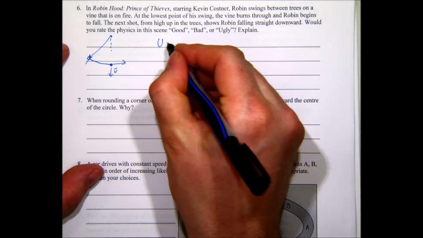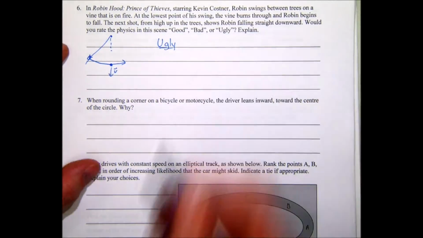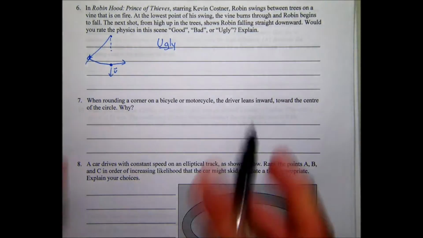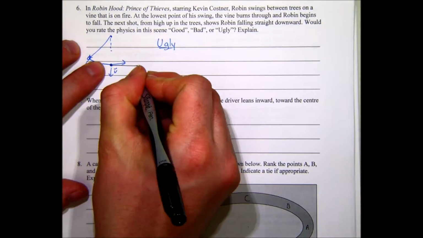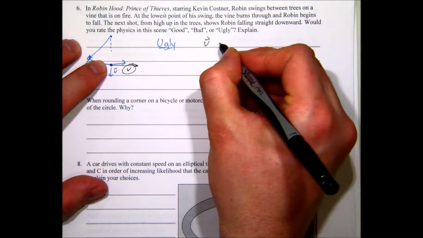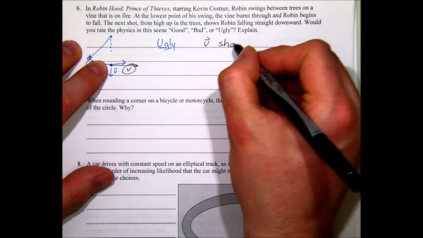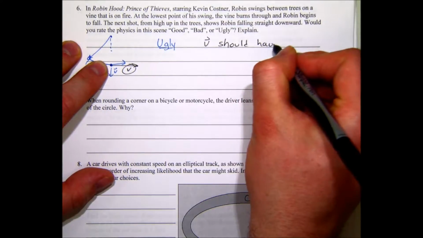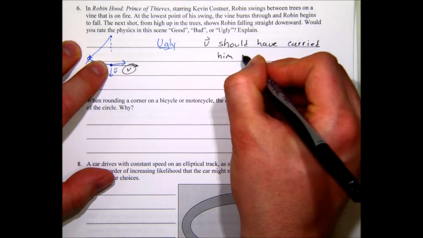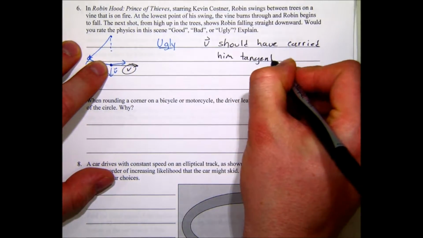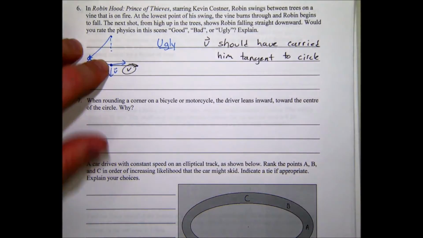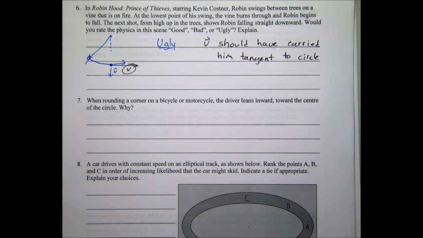So the physics in this particular scene is extremely ugly, because we know from what we've been doing in class that at the bottom of that loop, his velocity should have carried him tangent to his motion, not perpendicular to it.